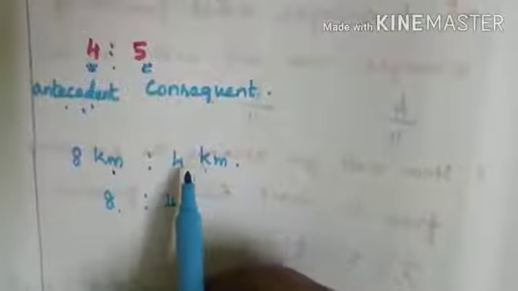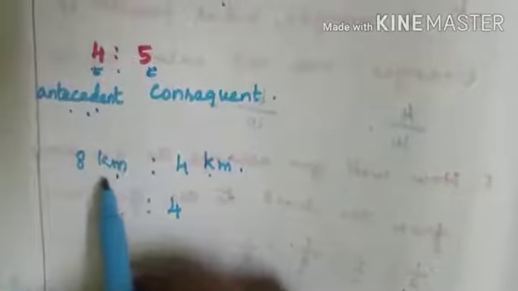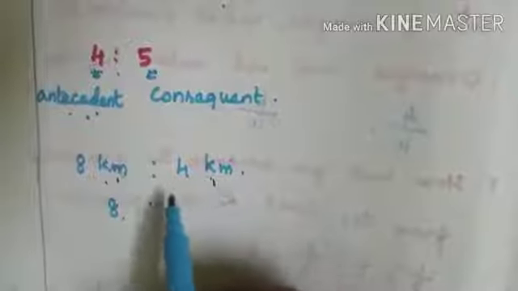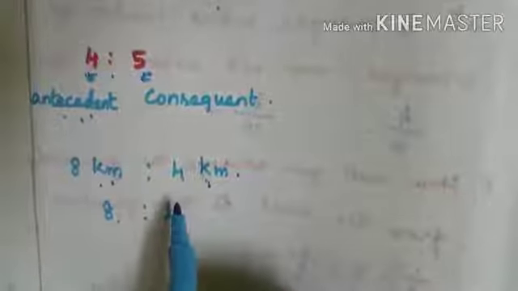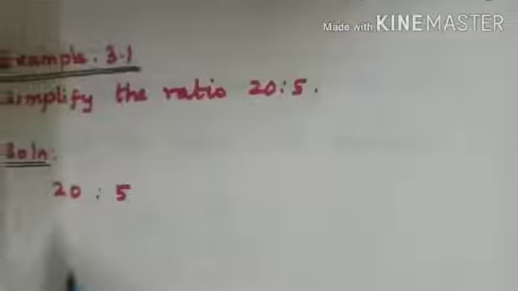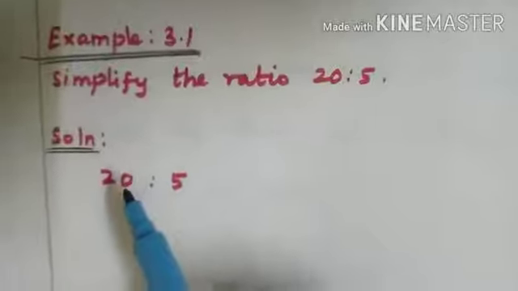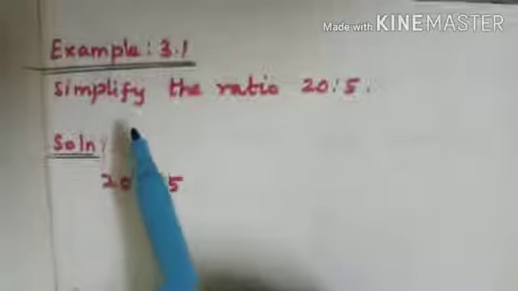Here kilometer and here also kilometer. If it is given as kilometer here and meter here, that is not the same. Therefore we should convert to the same unit. We have to convert, and then only can we simplify.